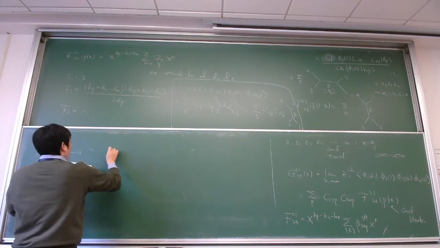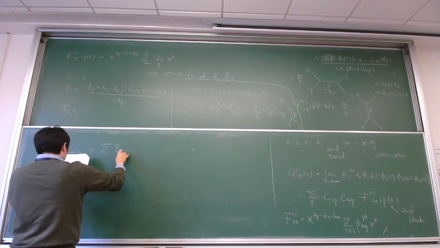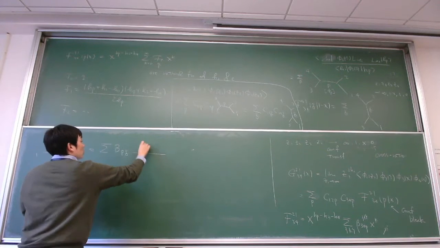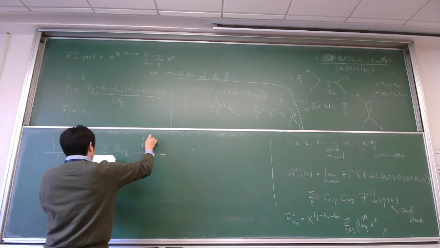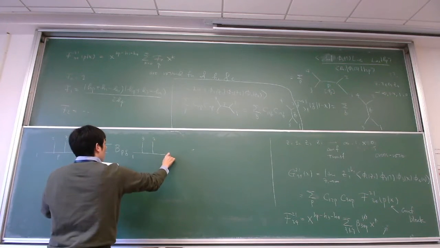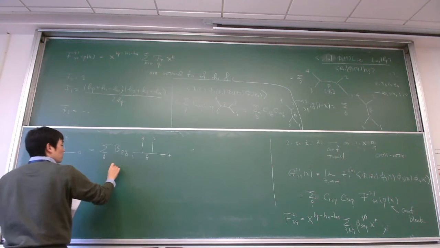Maybe I need to be careful about this. So this is B, 1, 3, 2, 4, and Q, and Q. So this is the fusion matrix.